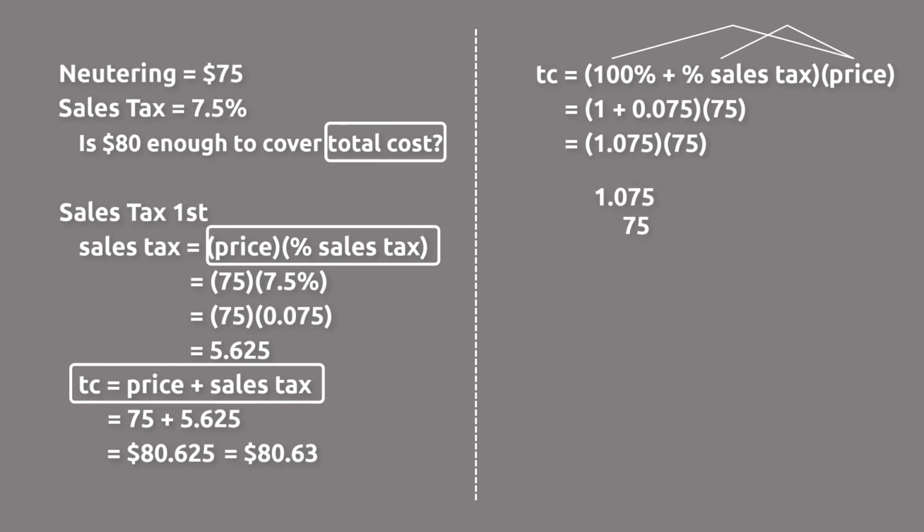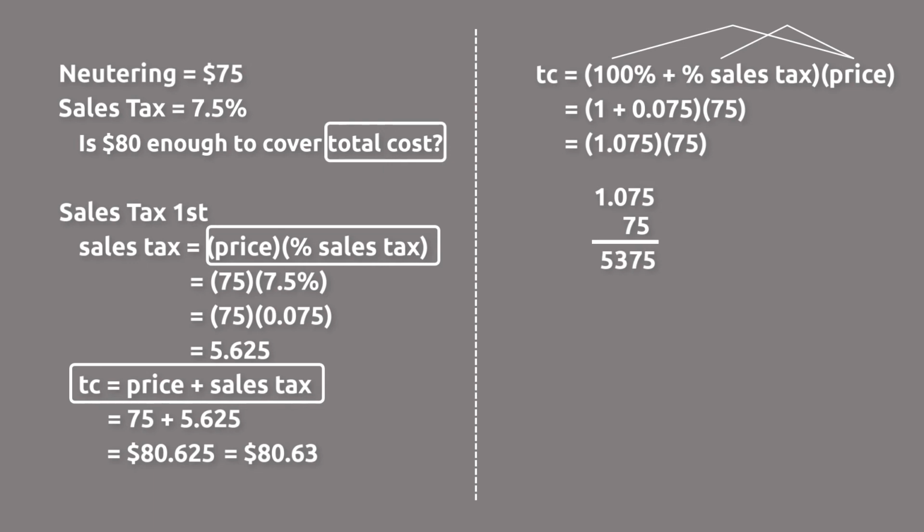1.075 times 75. 5 times 5 is 25. Carry your 2. 7 times 5 is 35, plus 2 is 37. Carry your 3. 0 times 5 is 0, plus the 3. 1 times 5 is 5.